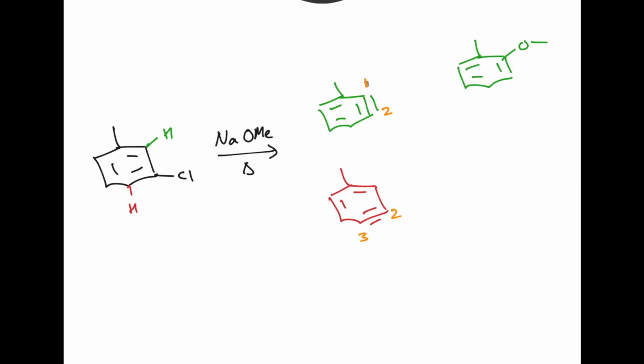You'll add methoxy, so this is 1. 2. 3. We're just gonna pretend that green and red, when they mix together, make blue. We'll just pretend.